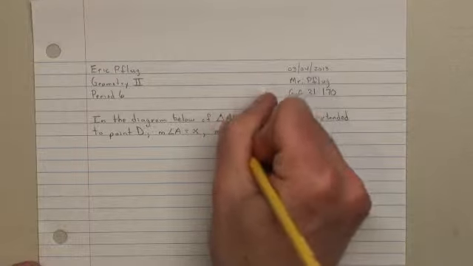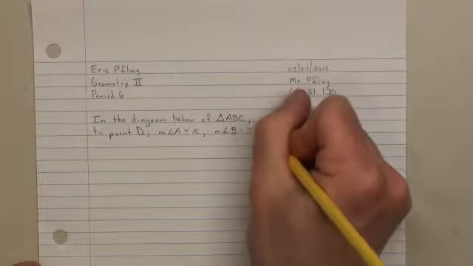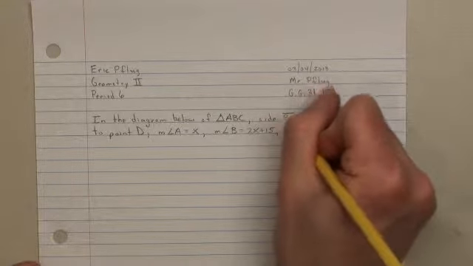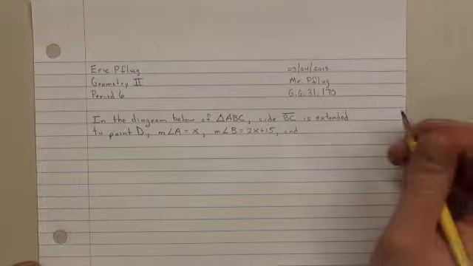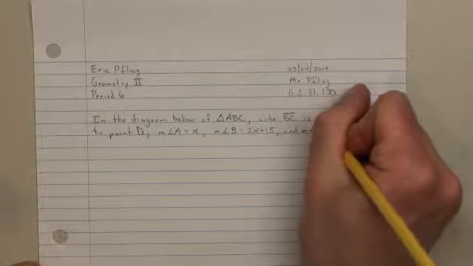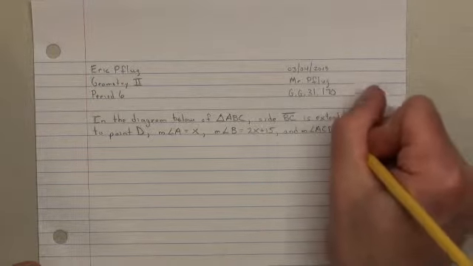The measure of angle B equals 2x plus 15. And the measure of angle ACD equals 5x plus 5.